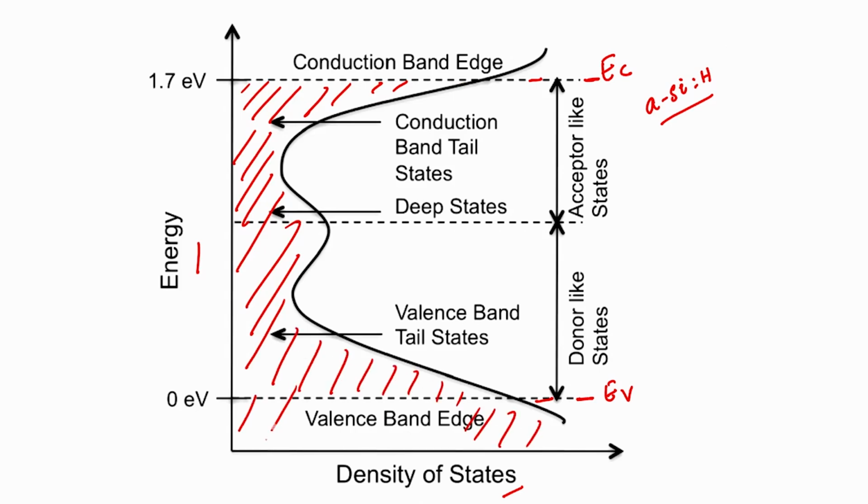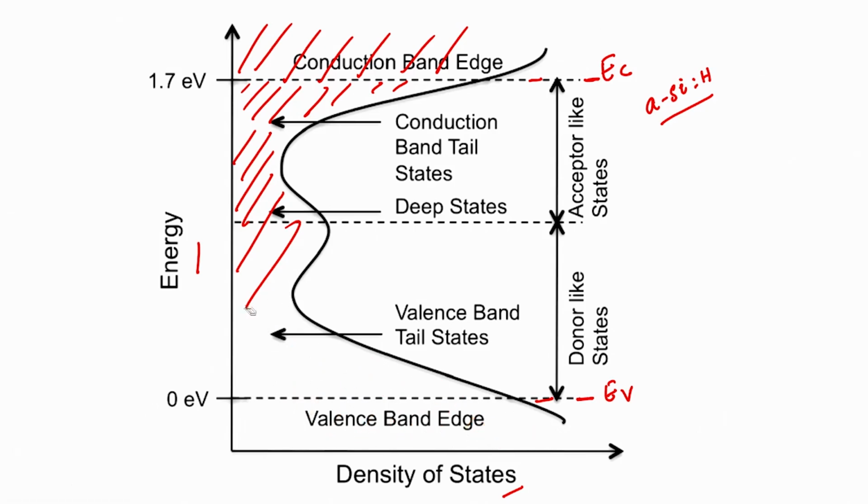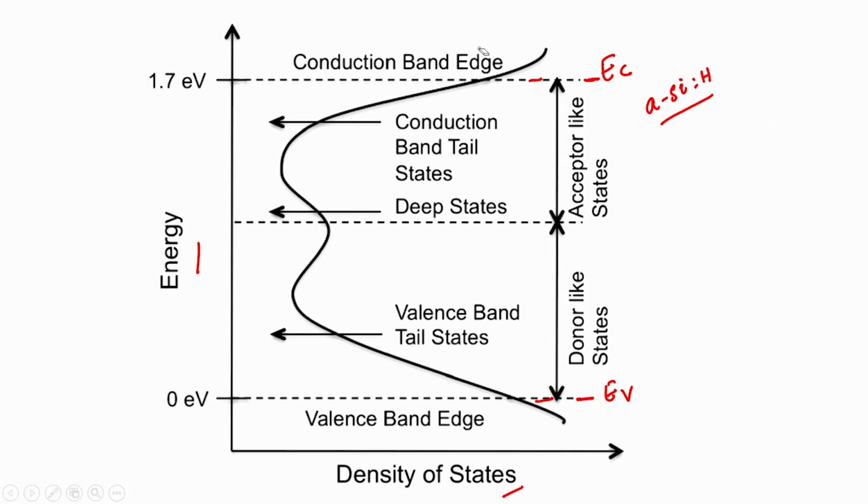So it becomes quite hard to state which is the conduction band edge and which is the valence band edge. You have states throughout the distribution. That is the first point to notice, and the only definition for what constitutes the conduction band edge and the valence band edge comes from the definition of the mobility of carriers, and we will come to that in a minute.